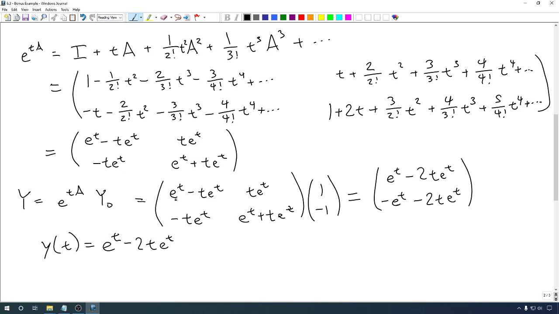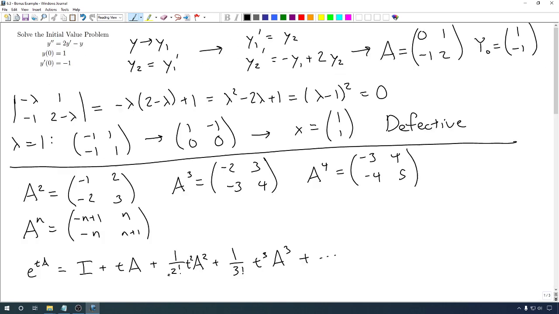And again, if you have taken differential equations, you might recognize why we got a t e to the t and not just something that has an exponential sine or a cosine. It comes from this fact that we have this repeated eigenvalue. The fact that this quadratic that we got has a repeated root. It all is based off of that.